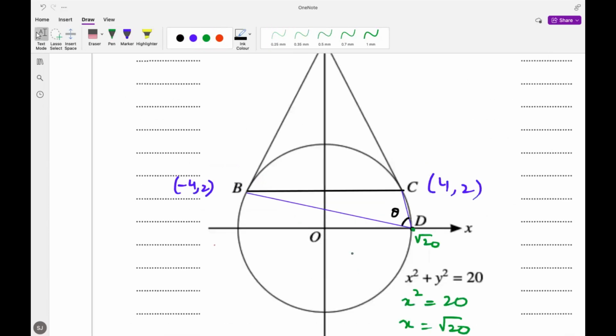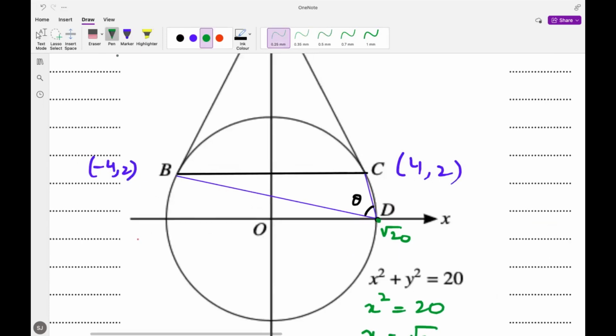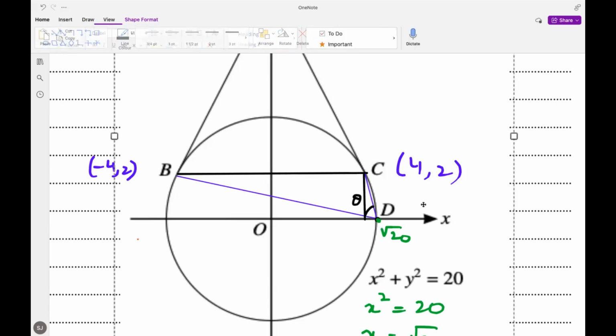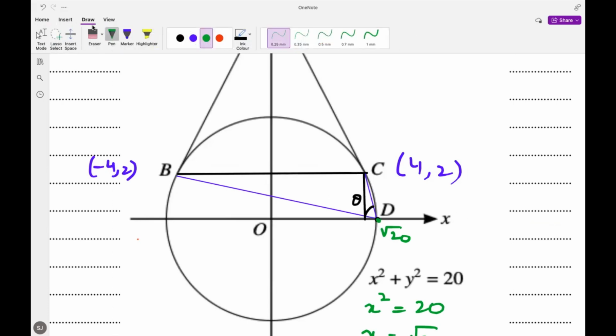And point C has coordinates 4, 2. To understand this, let's say I make a line from C till the x-axis, and call this point X. Now I have the triangle CXD, where this point is C, this point is D, and this point is X. The height CX is 2.